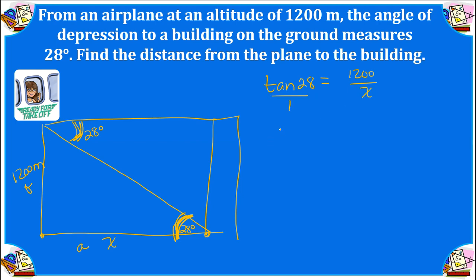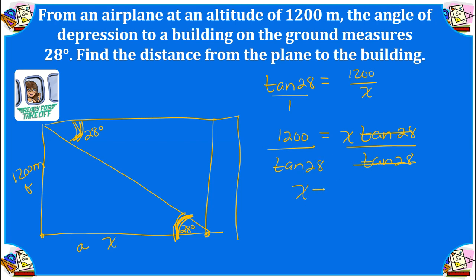We're going to cross multiply. We're going to isolate x. So the distance x is going to be 1,200 over the tangent of 28.